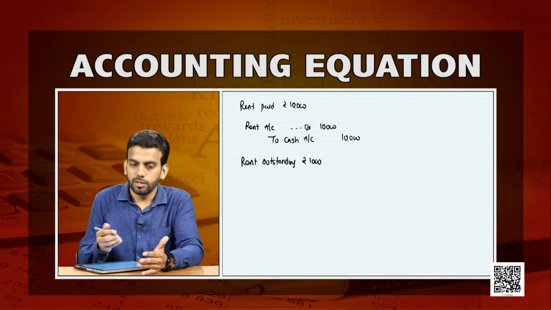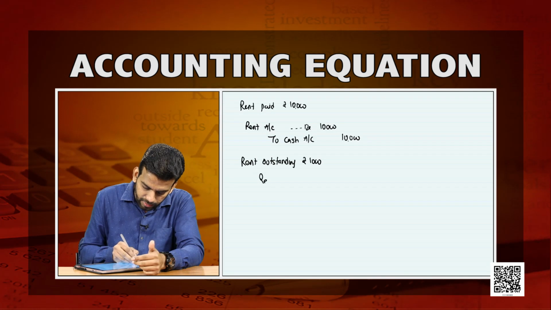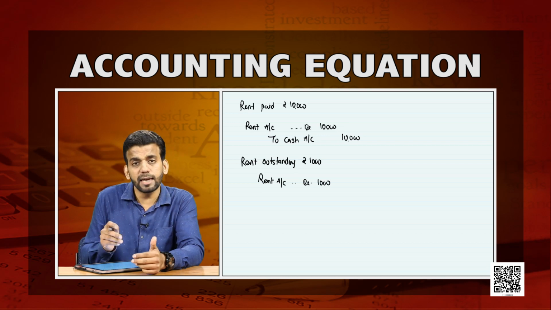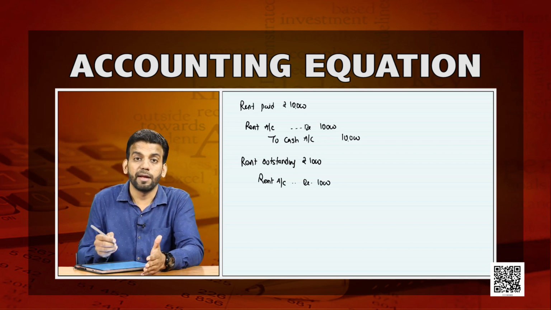So what should we do? Accrual basis says all the expenses should be debited by the amount which has fallen due, isn't it? So we must debit rent account because rent has fallen due.